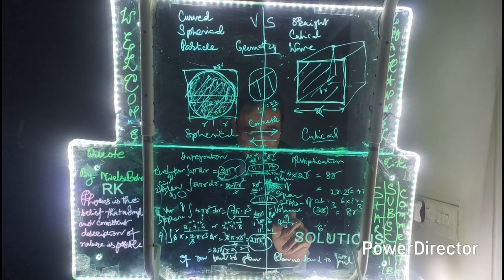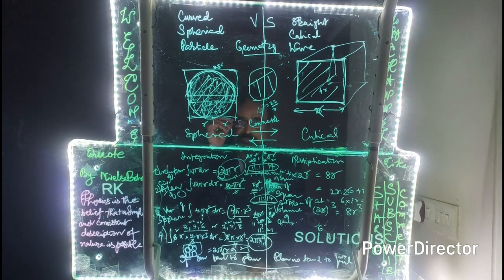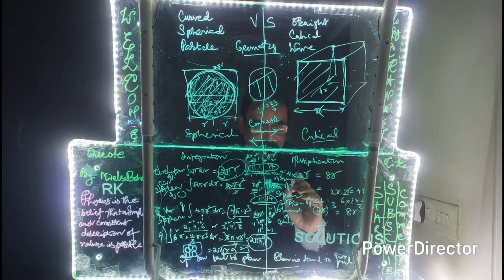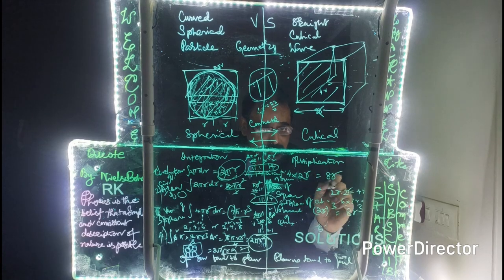So, volume we took. If we took 6 spheres here, the volume of 6 spheres, we got 2 pi r^4. This is basically 2 pi r, so 4 into r.